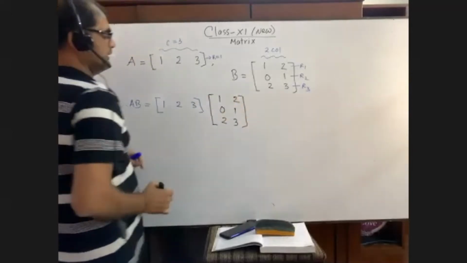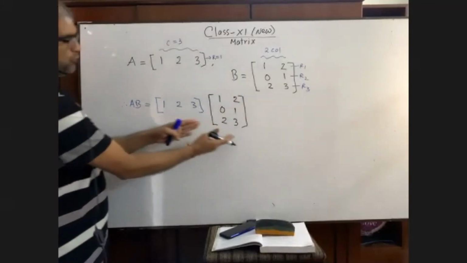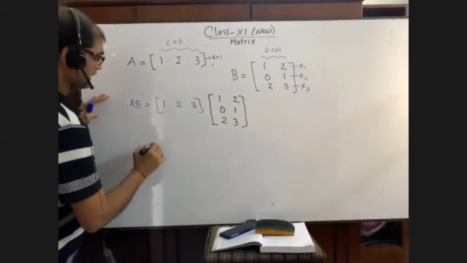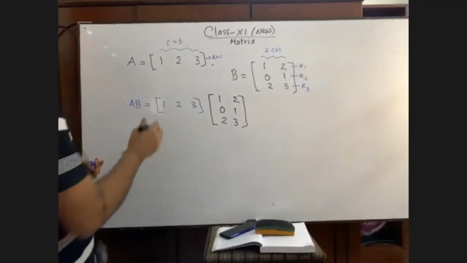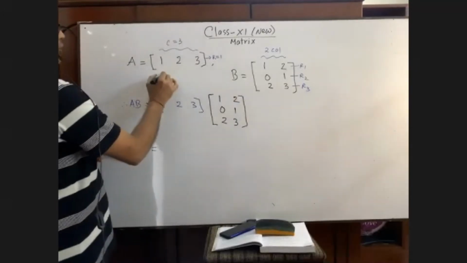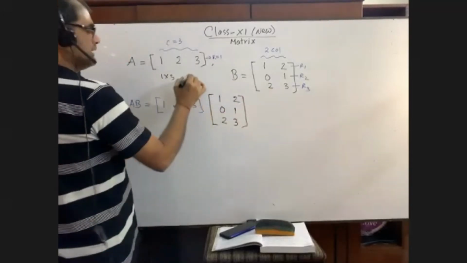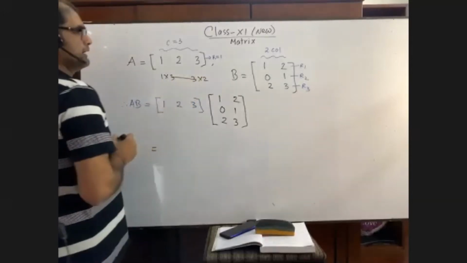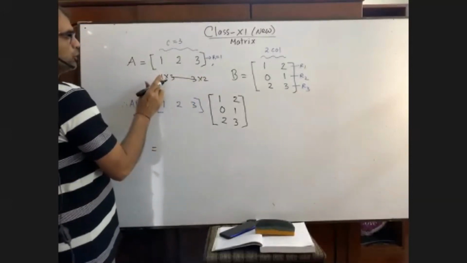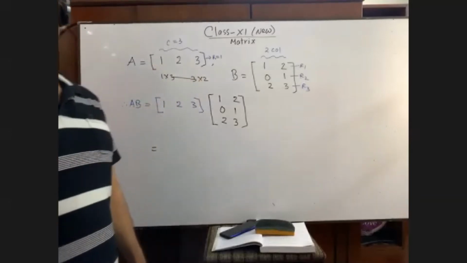This is B, and we are here to find AB. Now see how I do the maths. This is a matrix of order 1 into 3 and this is of order 3 into 2, so the 3s will be omitted and we will be left with 1 row and 2 columns. Remember, 1 row and 2 columns.